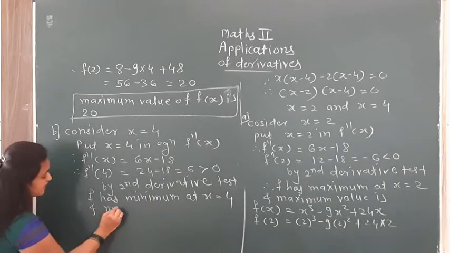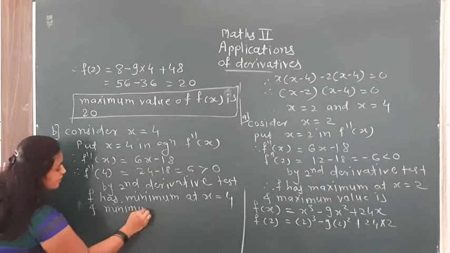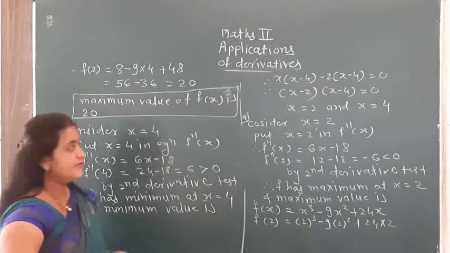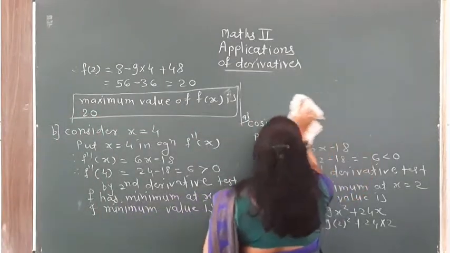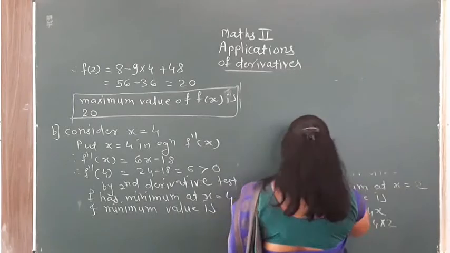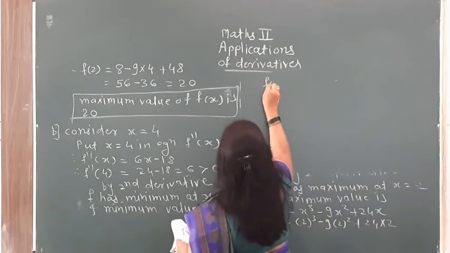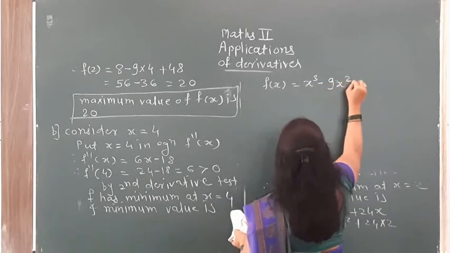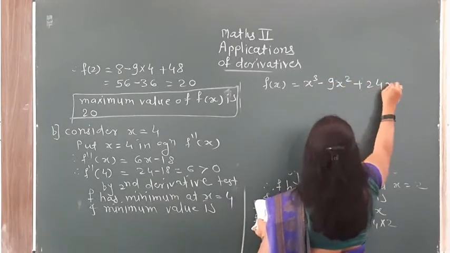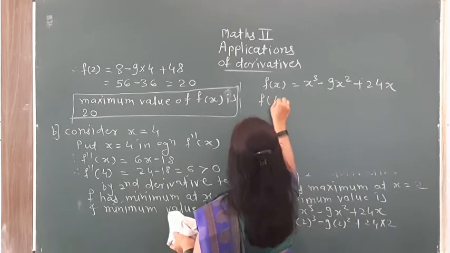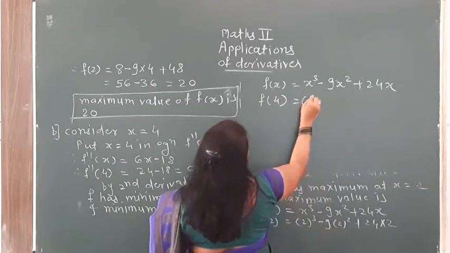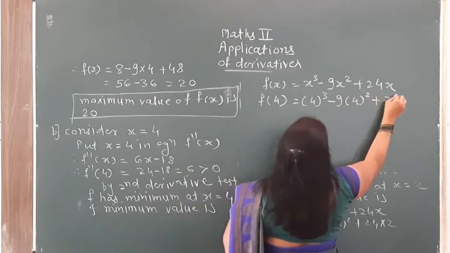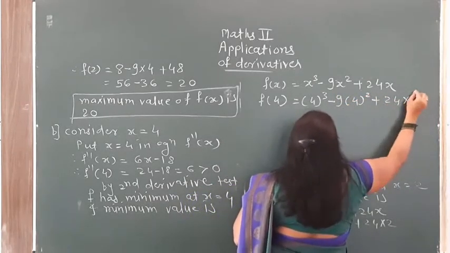And the minimum value is f of x. What is f of x here? f of x is equal to x cube minus 9x square plus 24x. So substituting x is equal to 4: 4 cube minus 9 times 4 square plus 24 multiplied by 4.